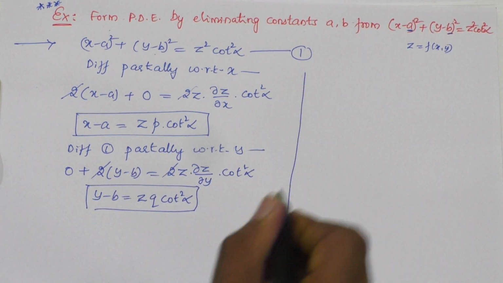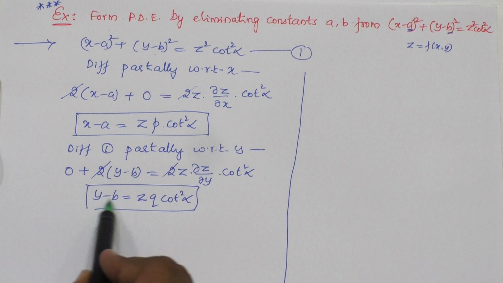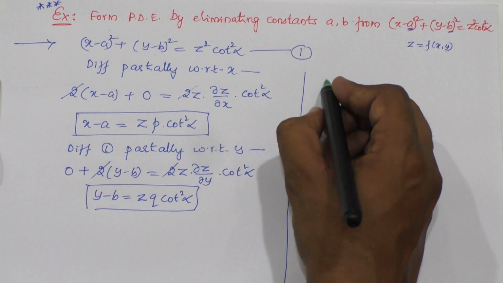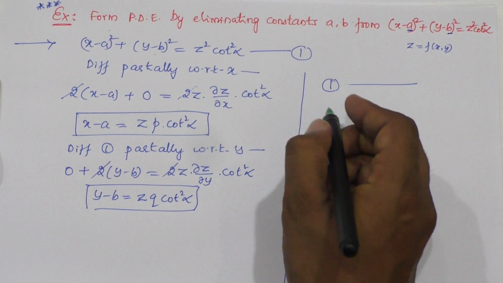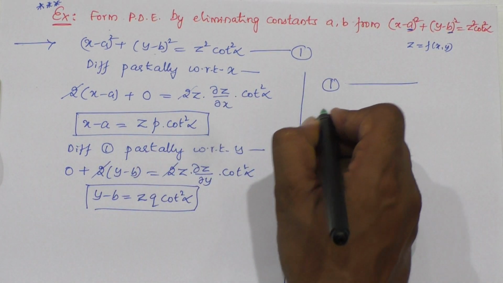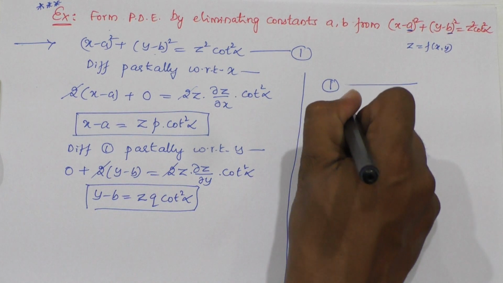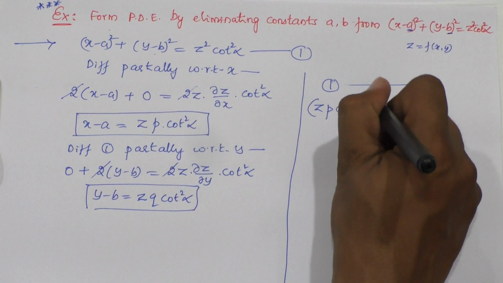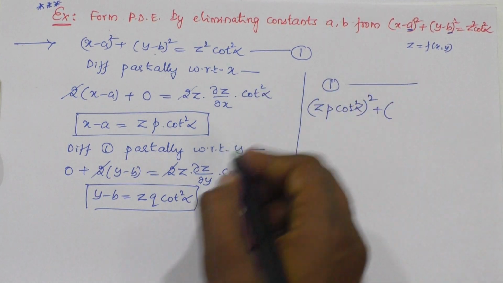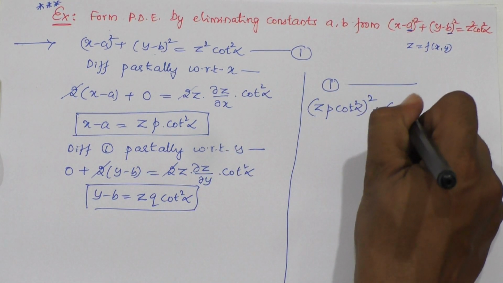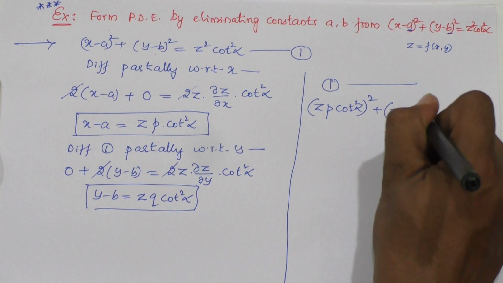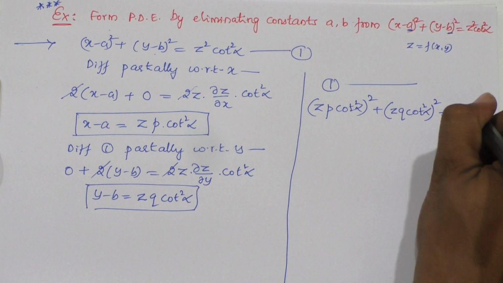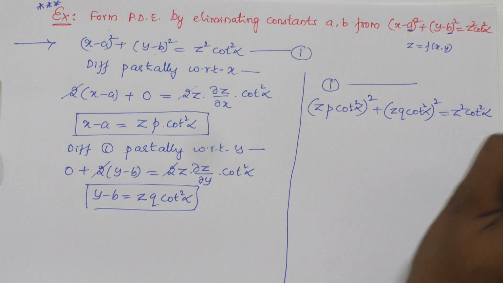Now what we can do is, wherever x minus a and y minus b appear in equation 1, replace them by these terms. So from equation 1, x minus a is z p cot square alpha, squared, and y minus b is z q cot square alpha, squared, equal to z square cot square alpha.